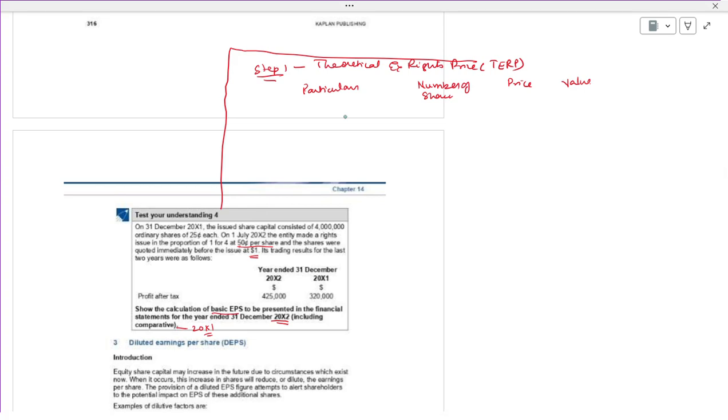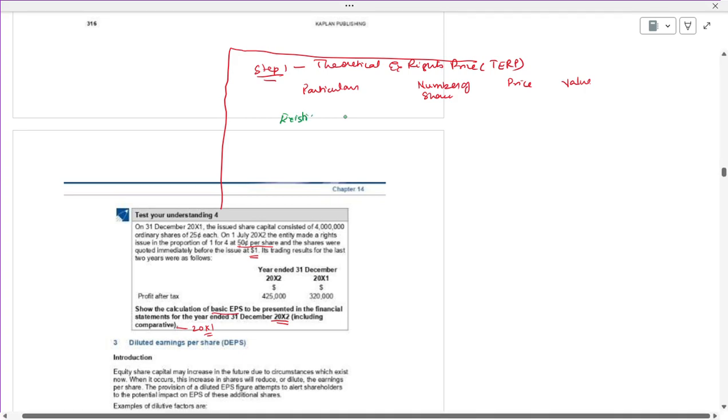First we have to take the existing one, prior to issue. How many shares are there prior to issue?